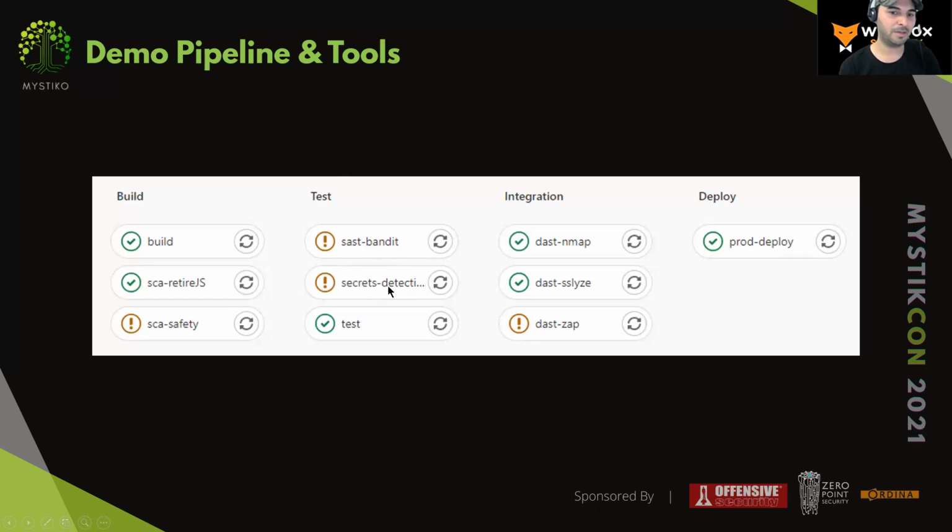And then we've implemented TruffleHog. What TruffleHog does is it detects all the secrets that you may have accidentally committed in your code repository. And before these two things happen, the test job will run first, because it will make sure that the application responds the way it's supposed to.